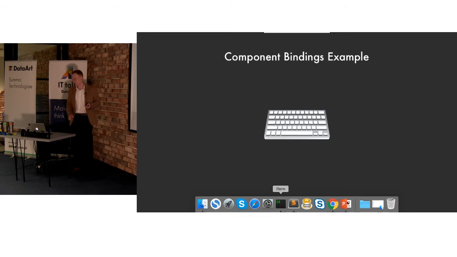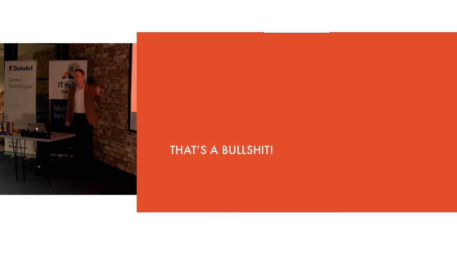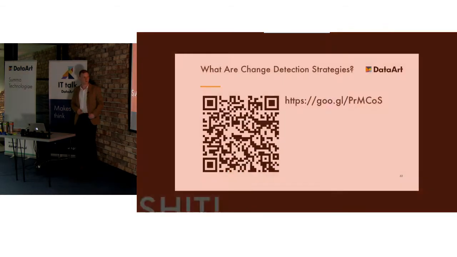So I already explained it. The main reason is that it's not so good to use the default change detection strategy in some cases, and it's not so good to rely on it propagating automatically. We should control it, at least check it.